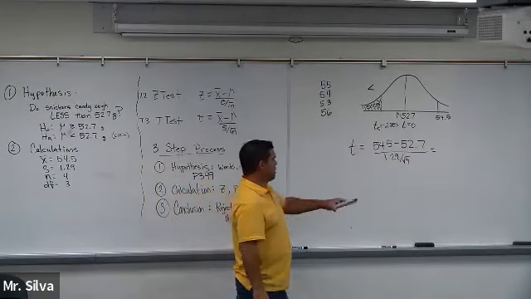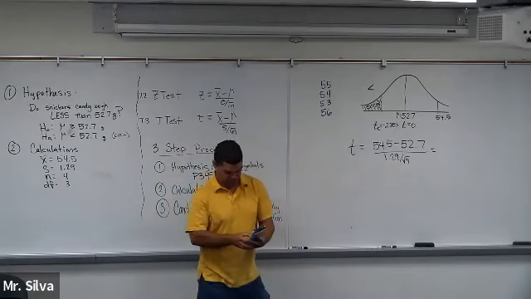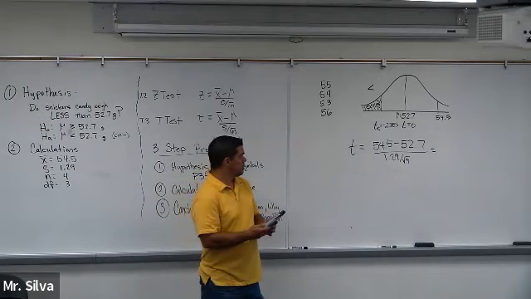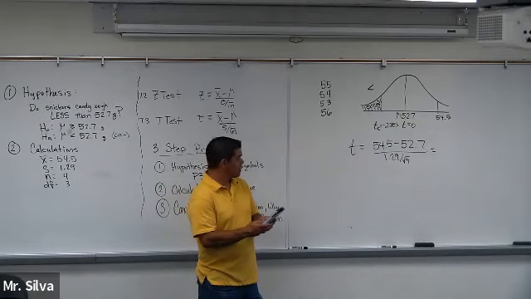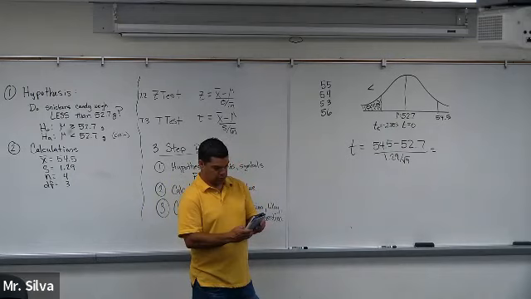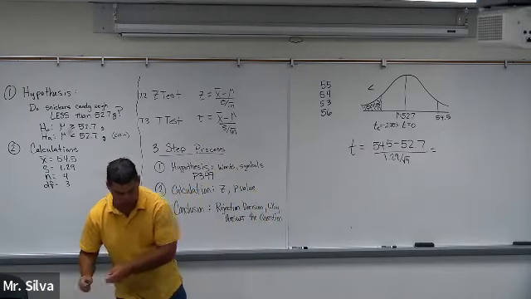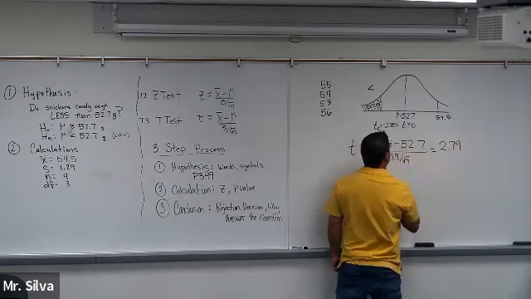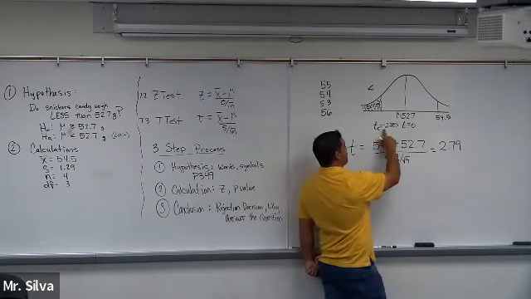I typically will calculate the denominator first. 1.29 divided... So this t critical value is 2.353.